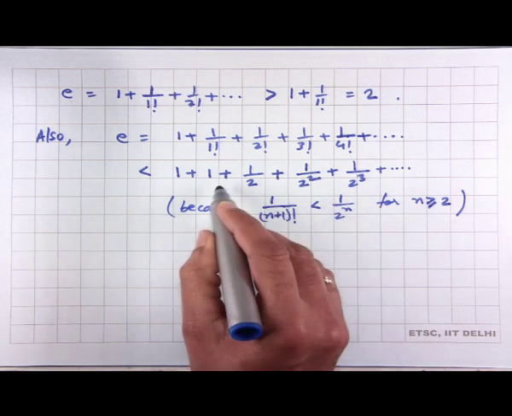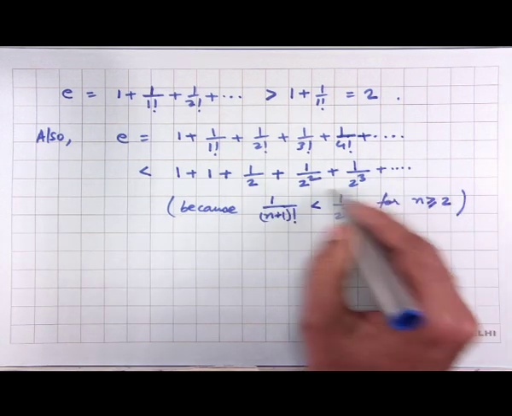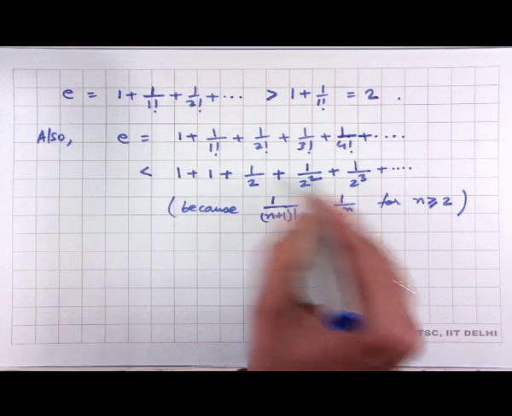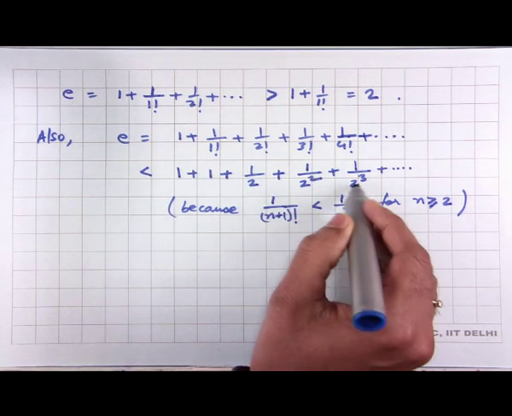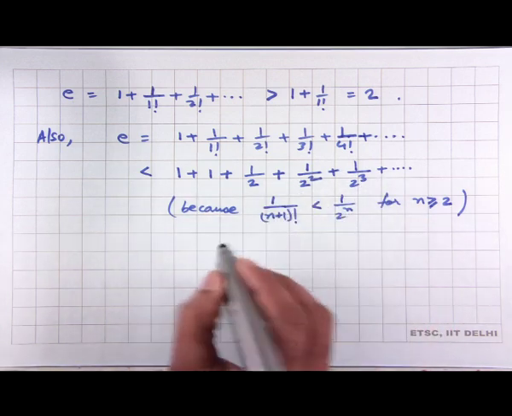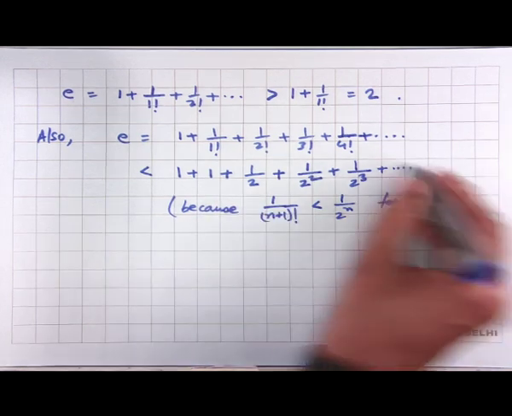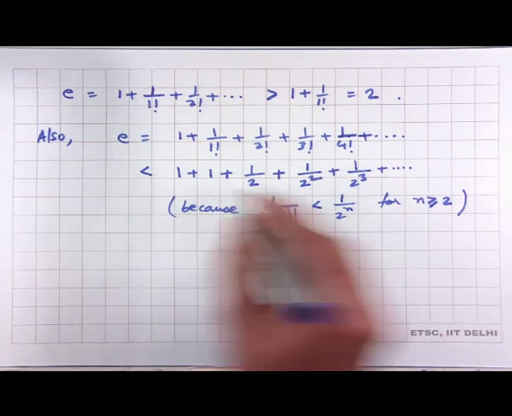Now, we see that here we are getting a geometric series 1 plus half plus half square and so on, and this geometric series you might have seen that we can sum this infinite series.